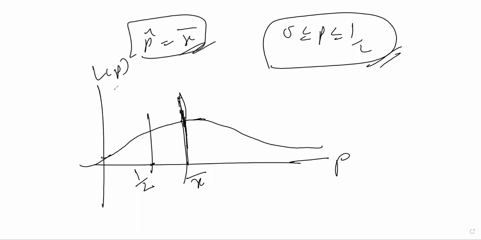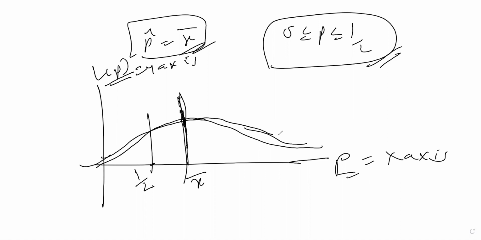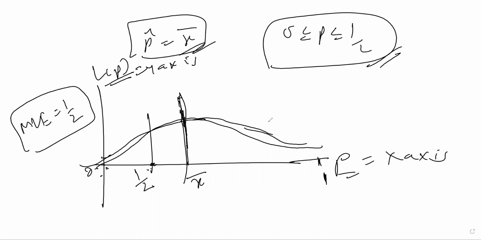This is L of p, the likelihood of p, and this is p; this is the x-axis and this is the y-axis. It attains its maximum value at x bar, but p goes only from 0 to half. So in this case, the MLE of p will be half.